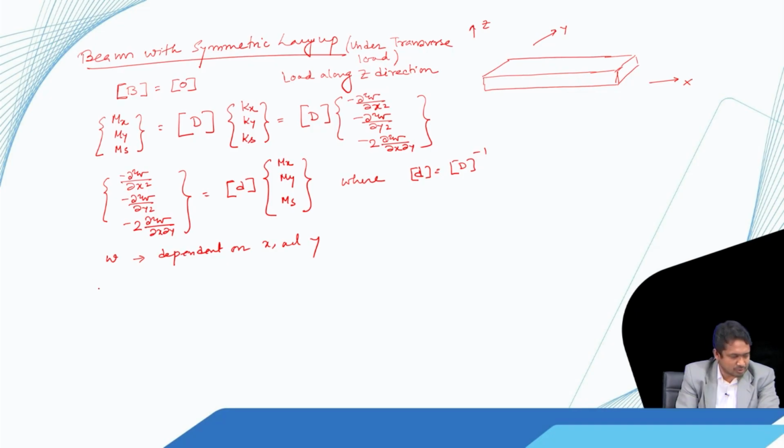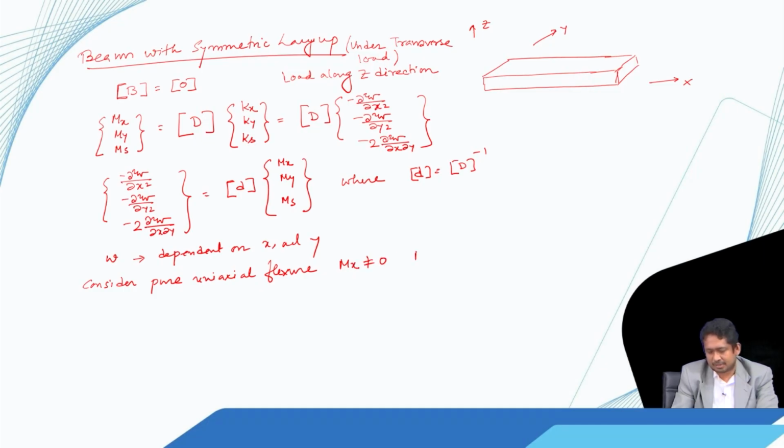We also consider pure uniaxial flexure, and that makes Mx not equal to 0, but My and Ms equal to 0, and that makes the analysis somewhat simpler.